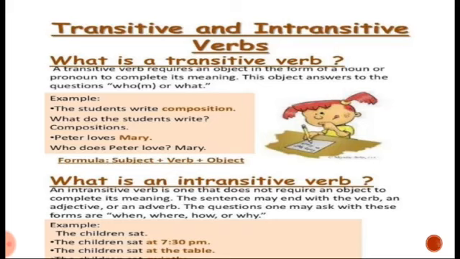Like the first example, the students write composition. What do the students write? The answer is composition, so it is a transitive verb. Peter loves Mary. Who does Peter love? Mary. So Mary is the object, so it is a transitive verb.